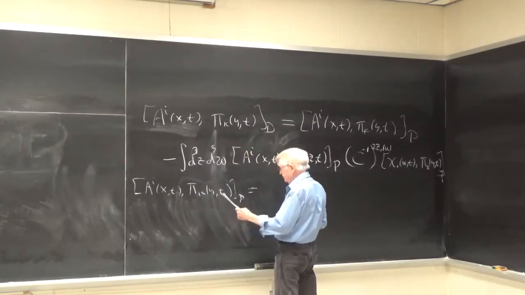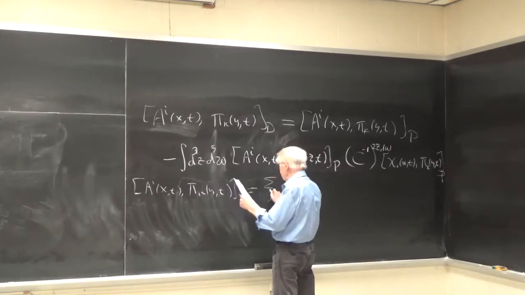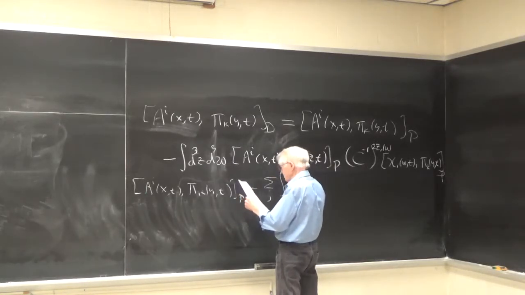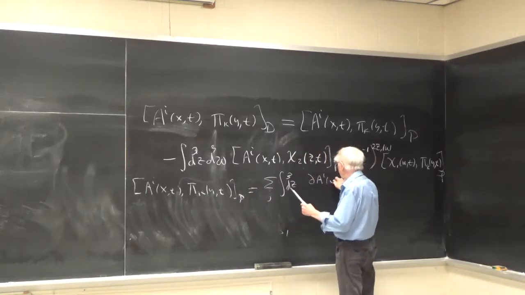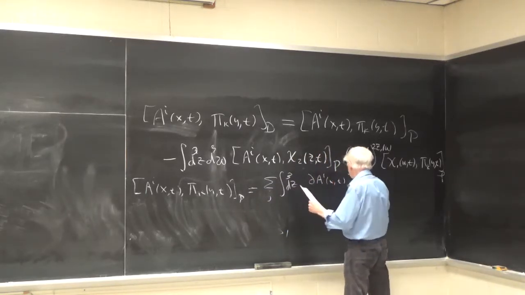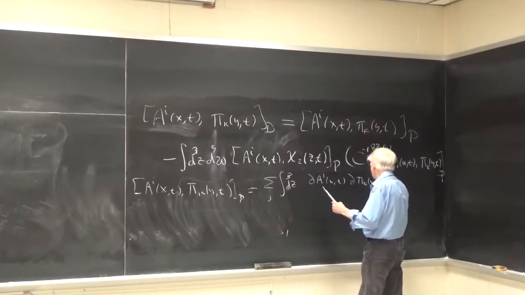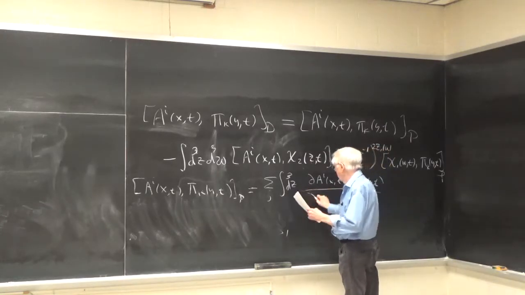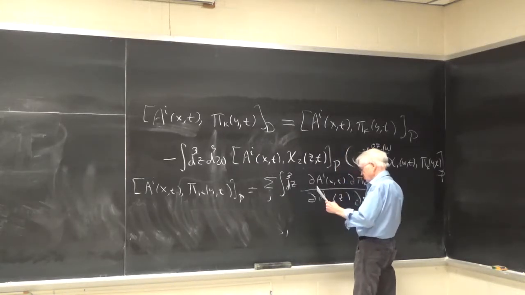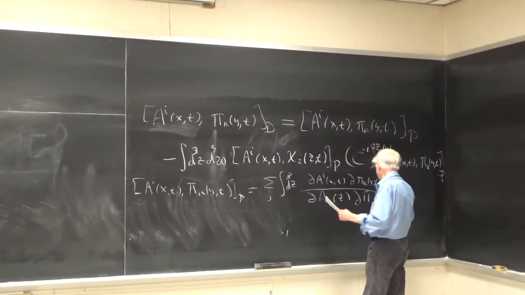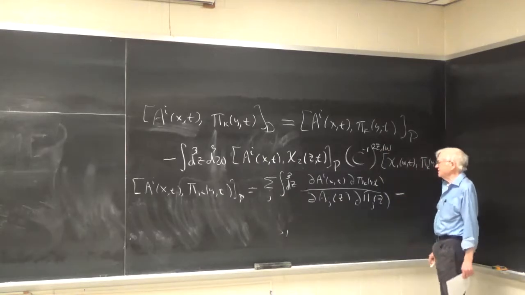And this is a sum over j, an integral d cubed z, of partial A_i of x,t over partial A_j of z, times partial pi_k of y,t over partial pi_j of z, and then it's minus the other term.